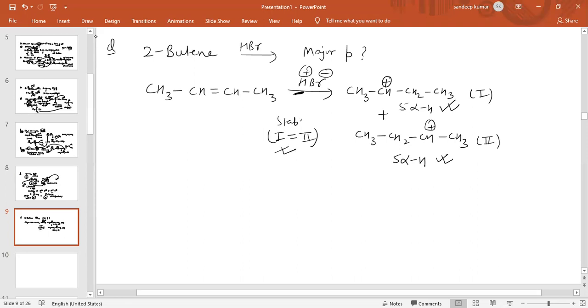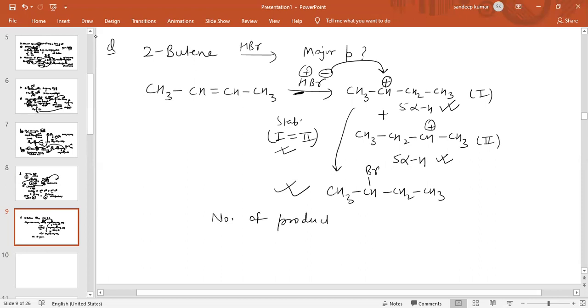Now after formation of carbocation, the nucleophile will attack. When nucleophile attacks, the product obtained is CH3CHBrCH2CH3. So this is basically the product. Now again, if the question is the number of products, then the answer will be, because this is a chiral center, one is dextro and one is levo, so how many products will be formed?